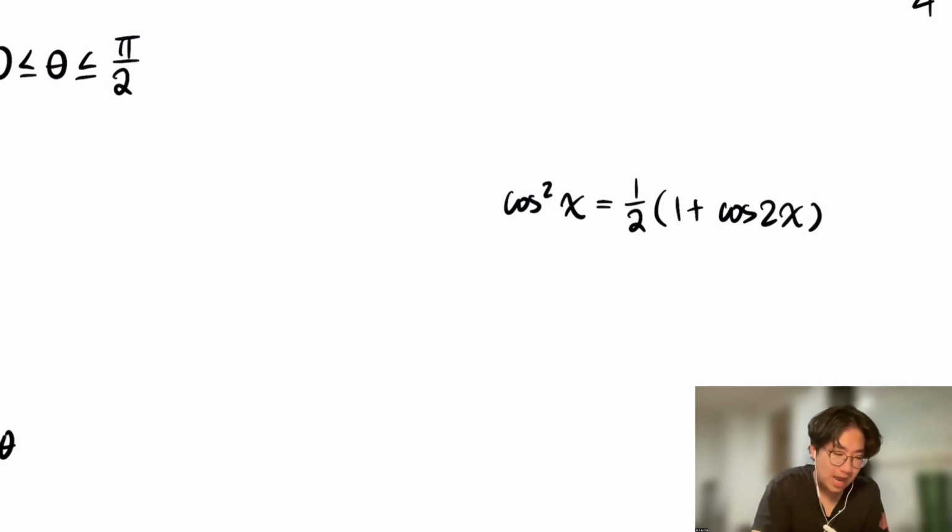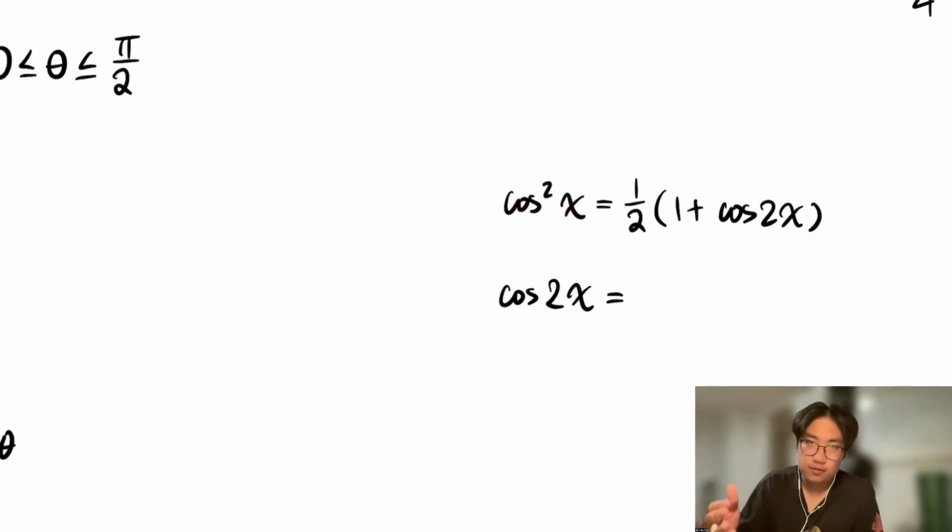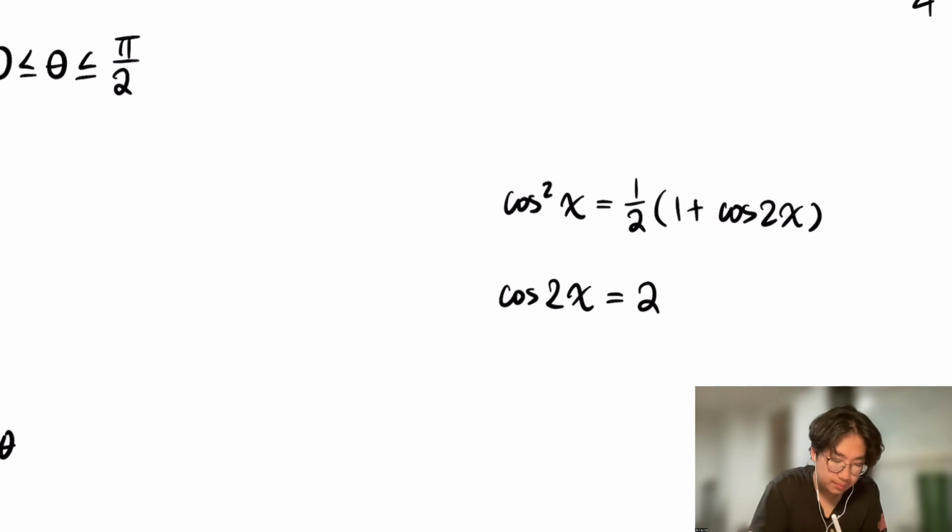The way it's derived is you start with the double angle formula, cos 2x. If you're looking for cos squared x, you use the form where cos of 2x is equal to 2 cos squared x minus 1. And then from here, you solve for cos squared x.